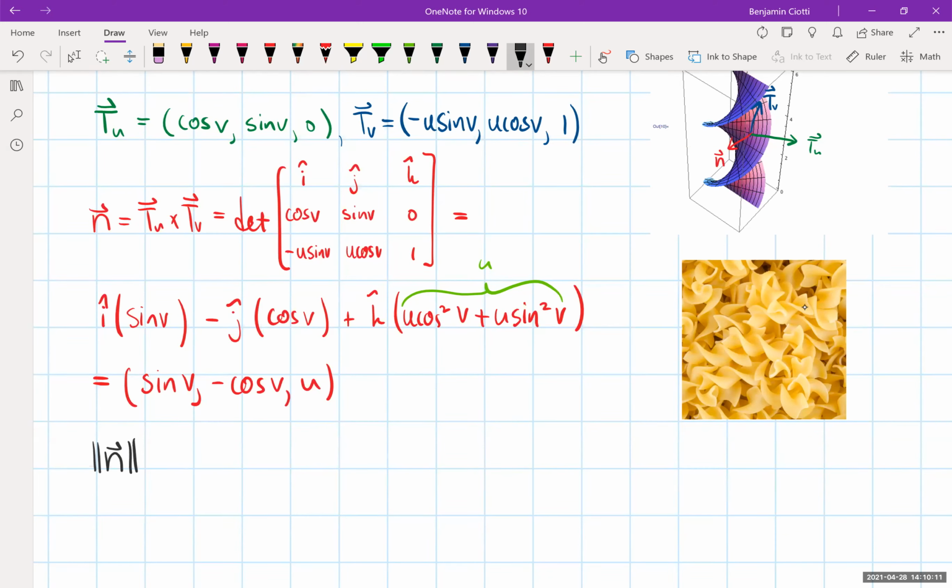The length of the normal vector is what I'm going to be integrating to find area. This is going to be sine squared plus cos squared plus u squared, or 1 plus u squared.